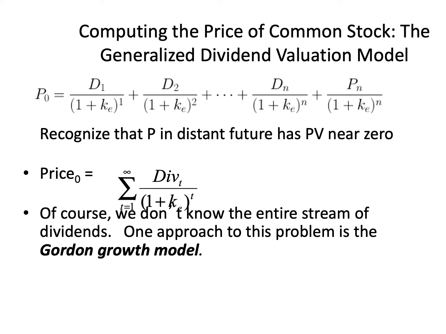Or simplifying it, the price is the sum from t equals 1 to infinity of the dividend expected in year t, discounted by the equity rate of discount at year t.